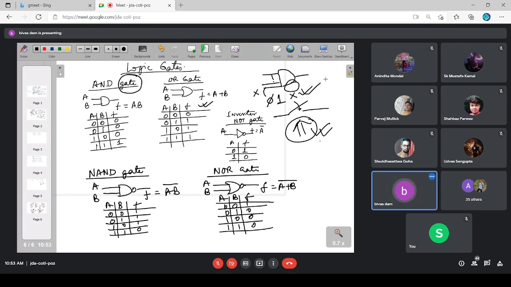What about the OR gate? In case of OR gate, if the controlling input is 1, in that case output is permanently 1. It does not depend on the other input combinations.